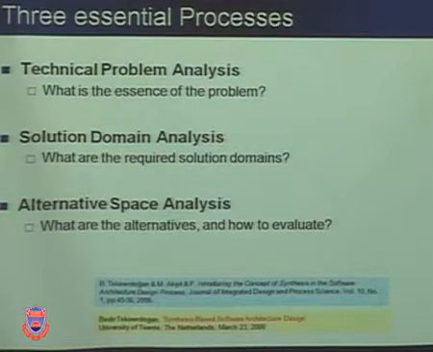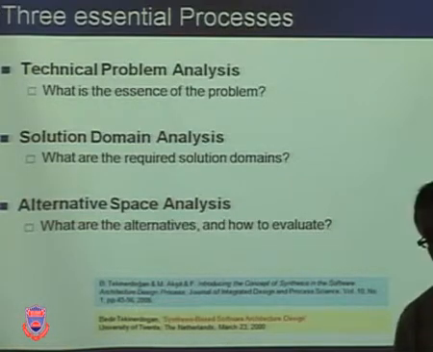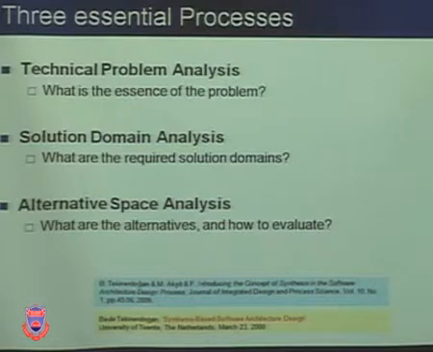The second one is the solution domain analysis, which we have discussed. What are the required solution domains? What are the knowledge sources? How to model this? And the third, alternative space analysis. What are the alternatives in the domain? And how to evaluate these? The interplay between these, we can call a synthesis process.